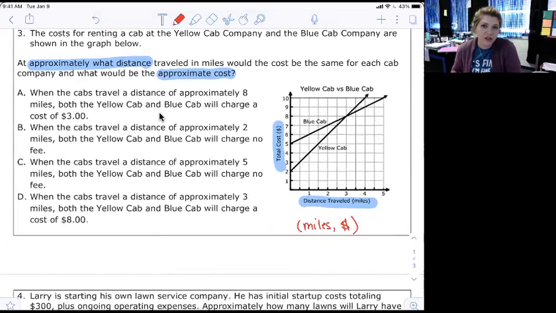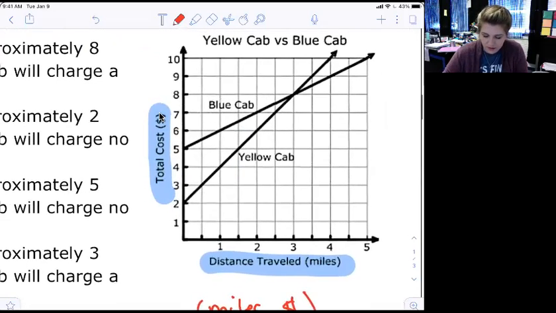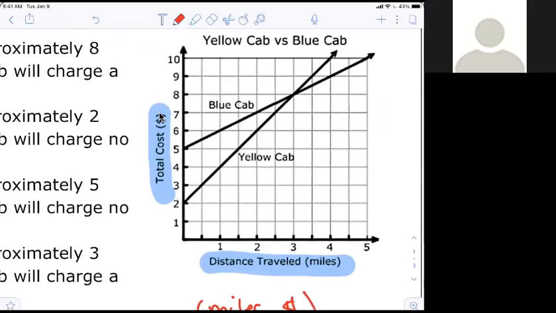Does anybody know our solution? Luke, can you tell me what our solution is? I'm kind of confused.